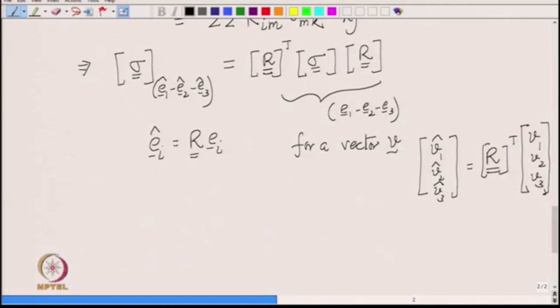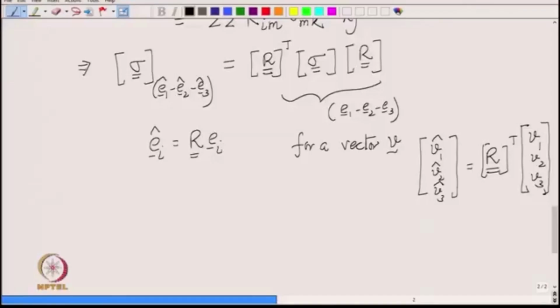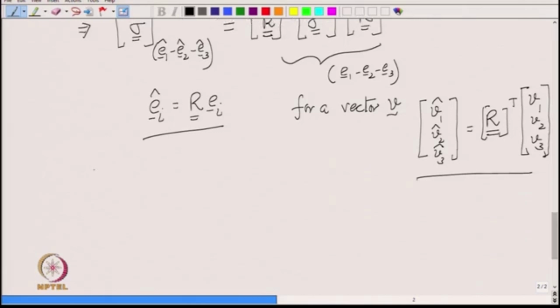transpose. Okay. But what is to be noticed here is that you see the components of a vector, when you are transforming, it is with R transpose, is not it? Whereas for the basis it is with R, not with R transpose. Why did that happen? It is because the final vector V has to remain the same. The vector V is the same, you are just trying to write it in two different coordinate systems.